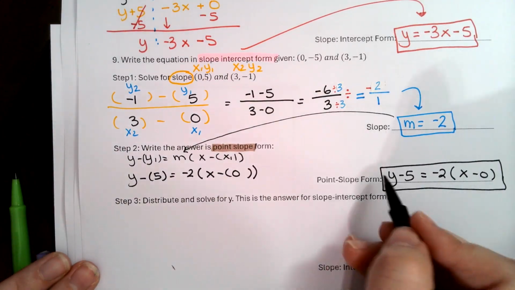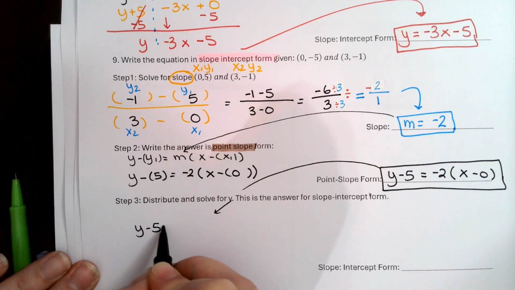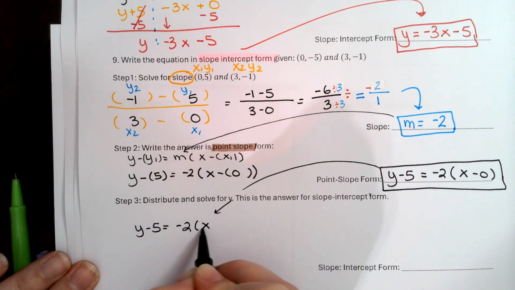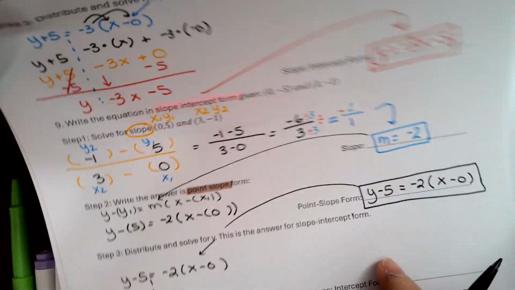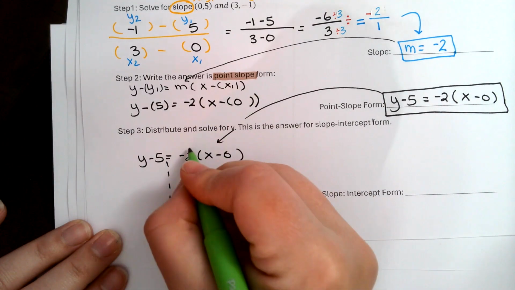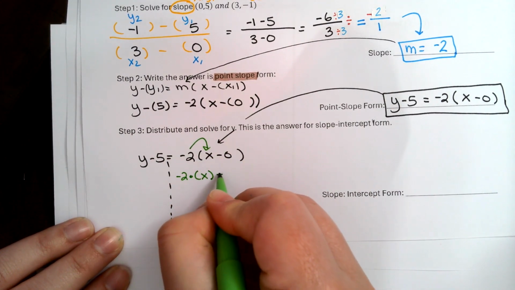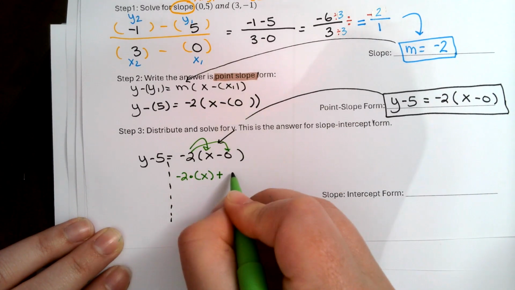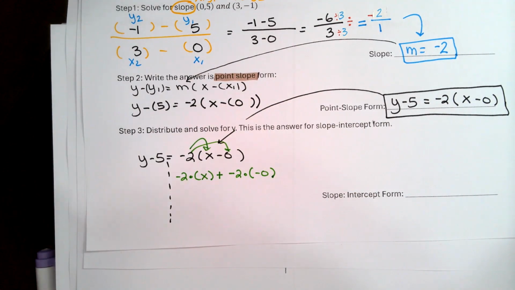Distribute. So we're going to bring that equation down. We get y minus 5 is equal to -2, open x minus 0. Dotted line for balance here. Definitely needed. And you're going to multiply -2 into x, so -2 times x, and -2 times 0. You can do -0 here if you want.